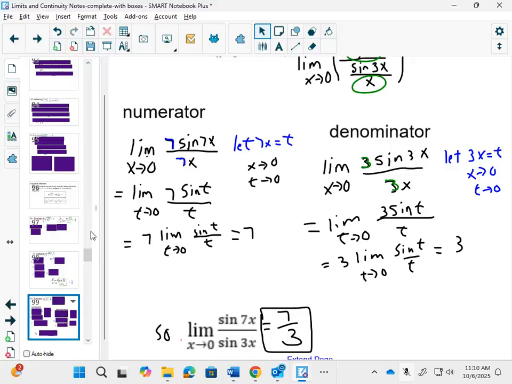If the numerator approaches 7, the denominator approaches 3. Well, we had to be creative in order to make things match up. Again, by the time you get to your AP exam, we're going to figure out a way to do this that's even easier.